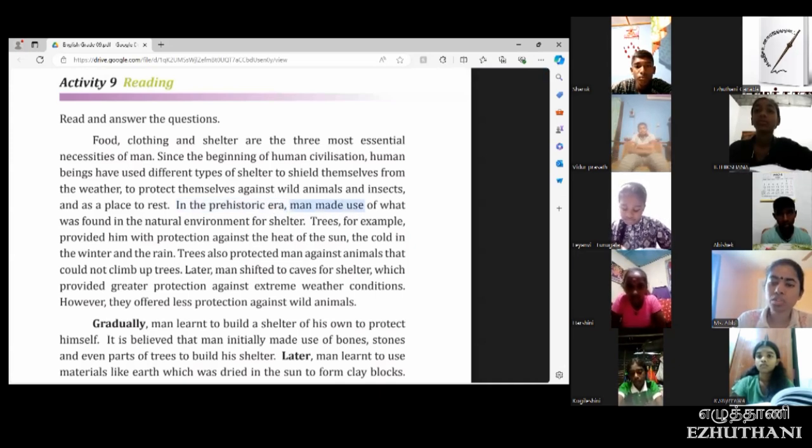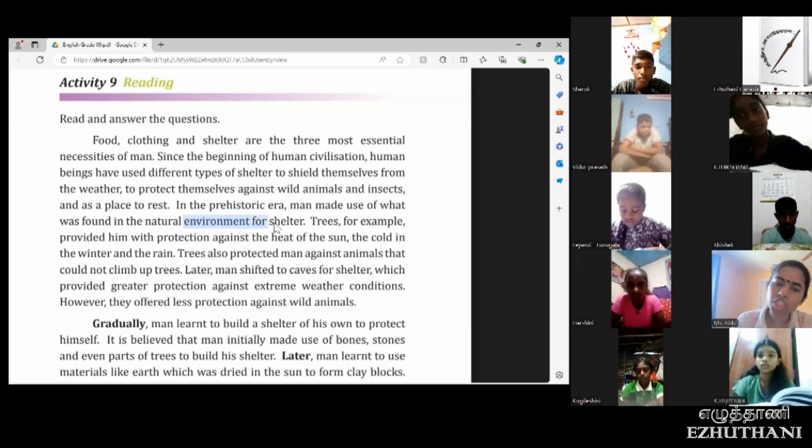Man made use of what was found in the natural environment for shelter. Okay. இந்த வசனம் புரிஞ்சதா லைனவி உங்களுக்கு?